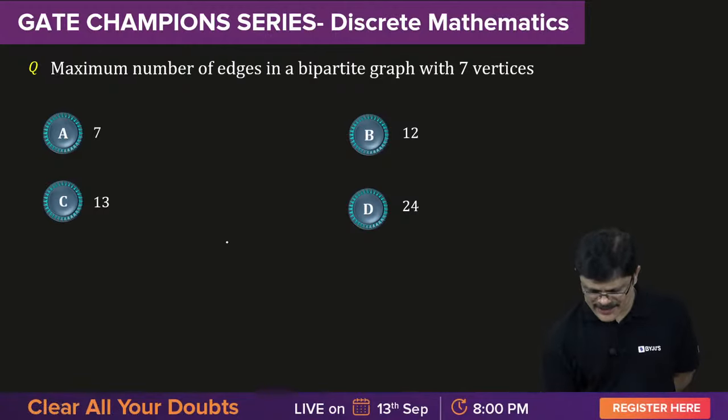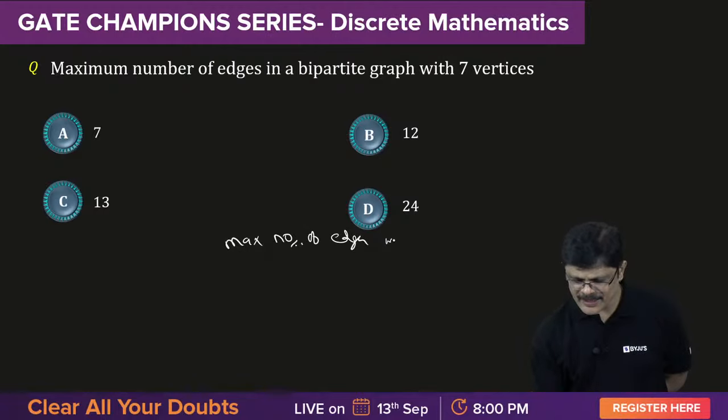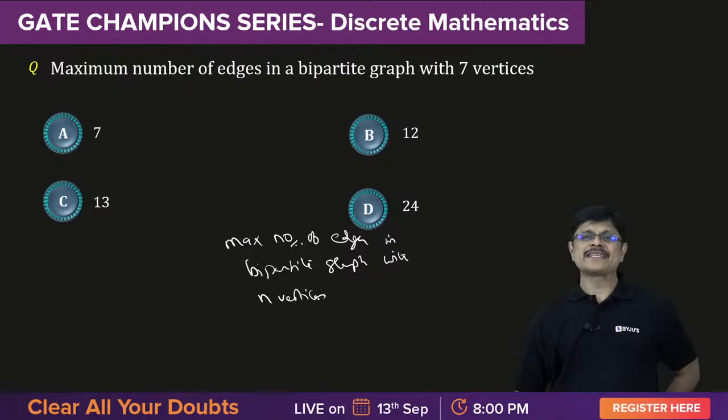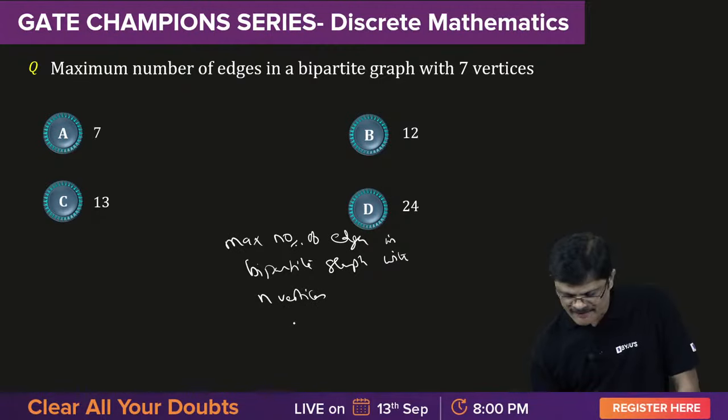So what is it? The maximum number of edges in a bipartite graph with n vertices is given by the floor of n square by 4.